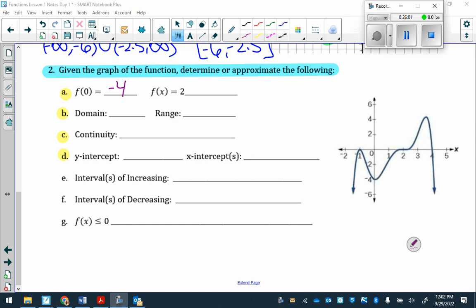Yeah, Jules. What are the x values for that? 3 and 4. All right, what's the domain?